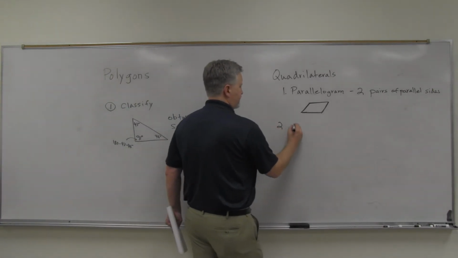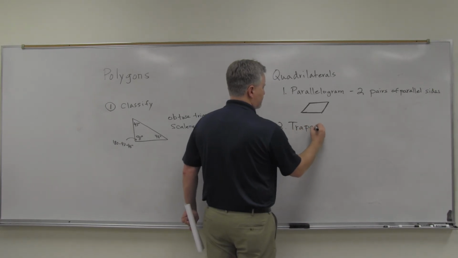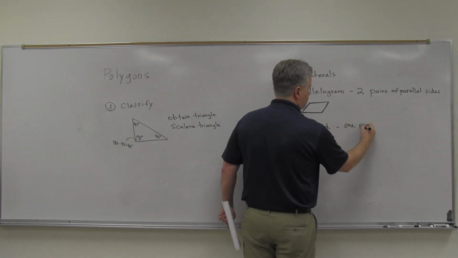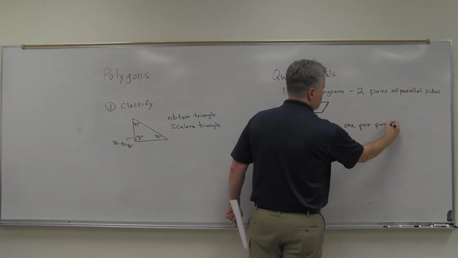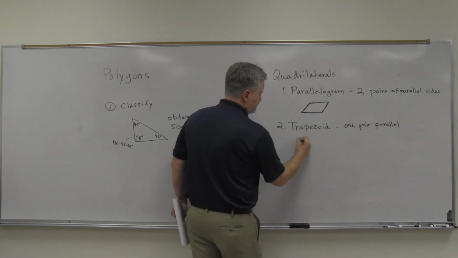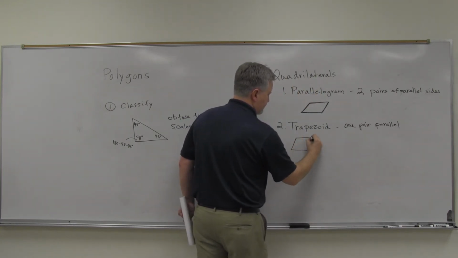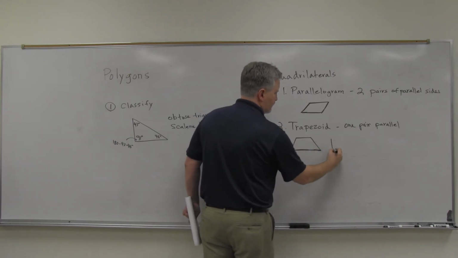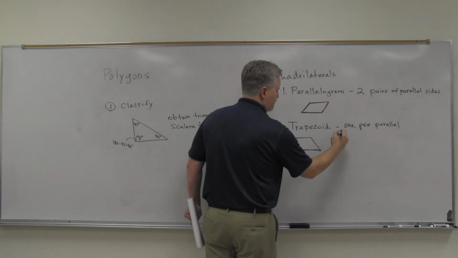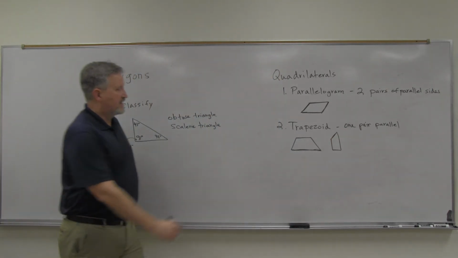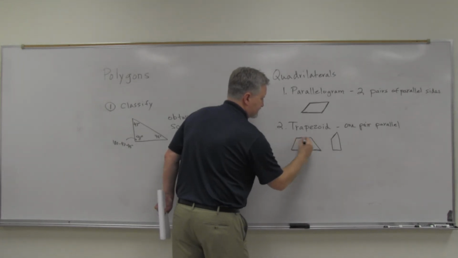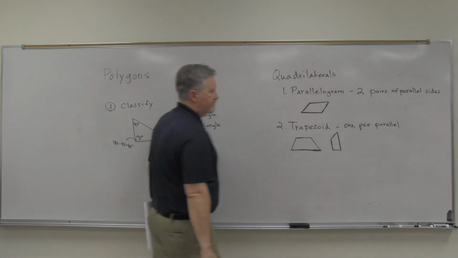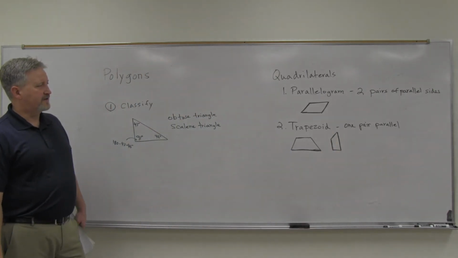And if you have one pair of parallel sides, that's a trapezoid. And we usually think trapezoid like that, but that's also a trapezoid there. As long as you've got a pair of parallel sides, that's a trapezoid. So in this case, the vertical ones are the parallel ones there.